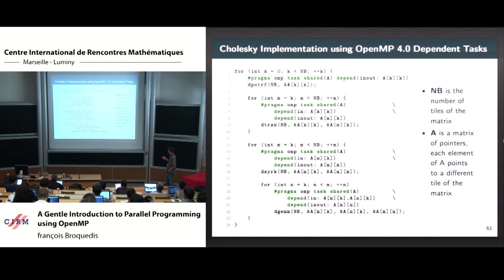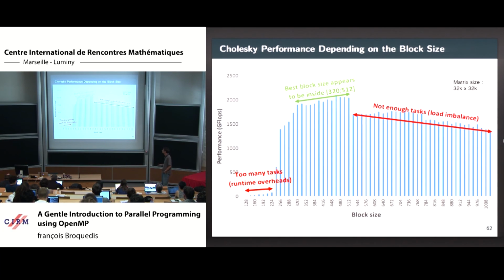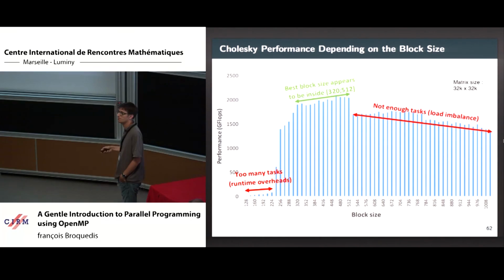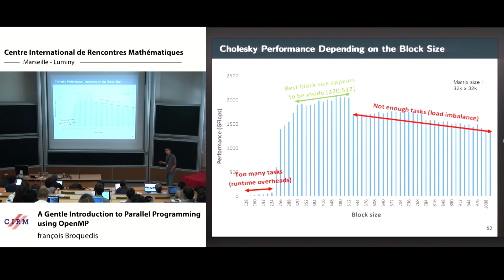This means when you run this on the Intel 192 machine and you vary the block size of the tile, you vary the number of tasks per se. You have some very different performance, and this can be very tricky to set. This kind of parameter is what we call the parallelism grain.